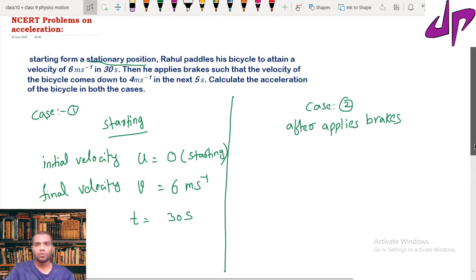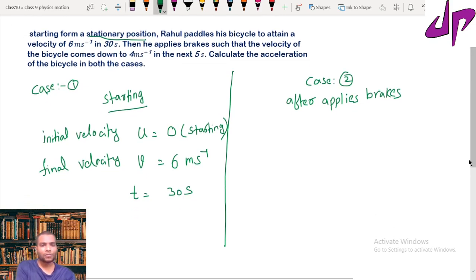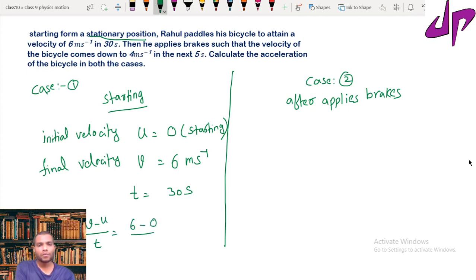Now you can easily calculate with the acceleration formula: a equal to v minus u by t, here v 6 and u 0 by time 30 seconds, so 6 by 30 meter per second square.